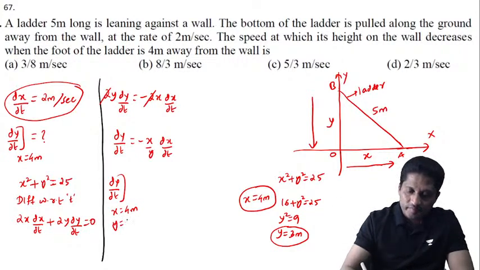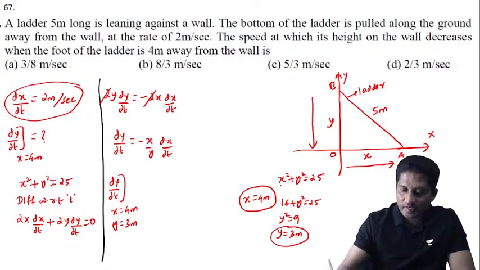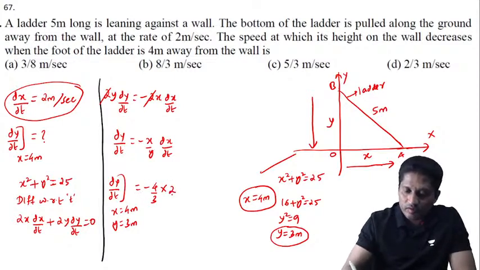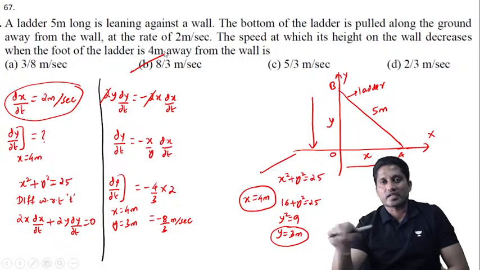Obviously y is equal to 3 meter. This will be equal to minus 4 by 3 into dx by dt. dx by dt is equal to 2, which is minus 8 by 3 meter per second. So this is minus 8 by 3, negative because y is decreasing, y is coming down.